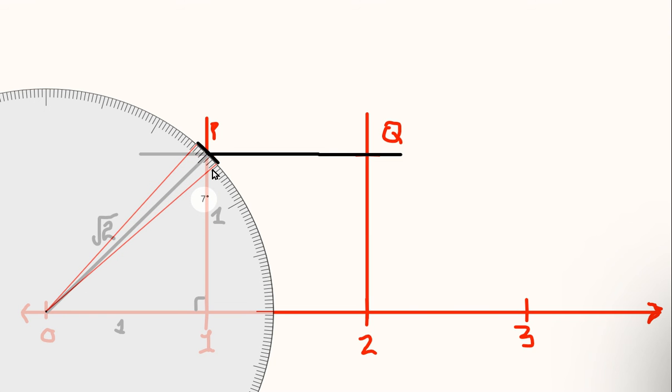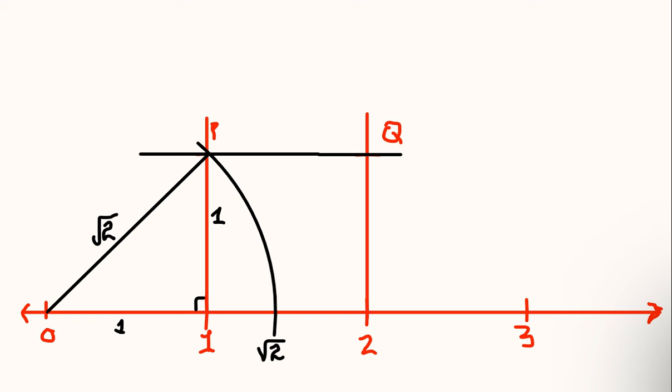So we know OP is square root of 2. So we draw this on the number line here, and here we got square root of 2 on the number line. Now we got square root of 2 on the number line.